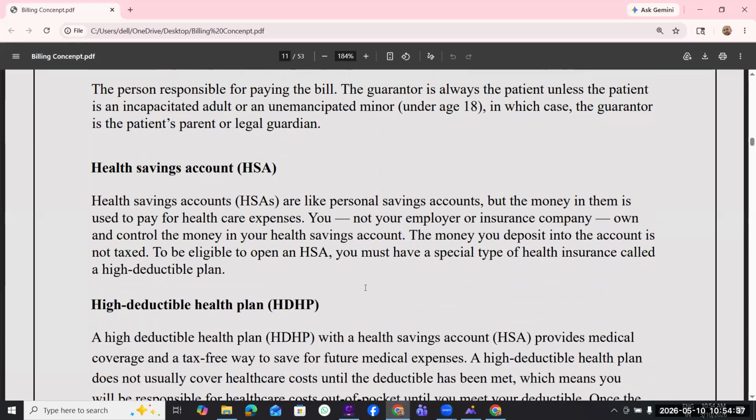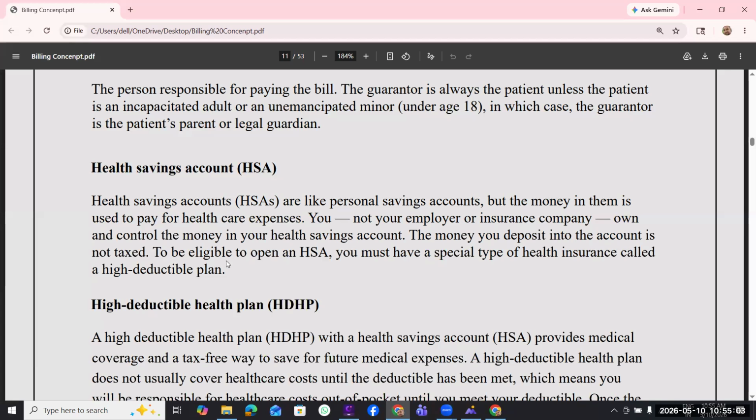Health Savings Account, HSA. A Health Savings Account is like a personal savings account, but the money in it is used to pay health care expenses. You, not your employer or insurance company, own and control the money in your health savings account. The money you deposit into this account is not taxed.